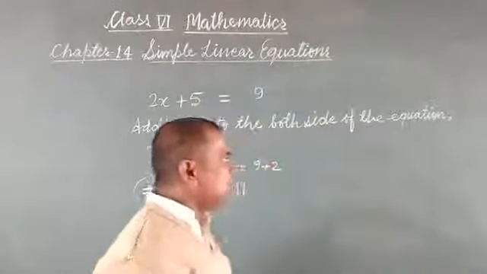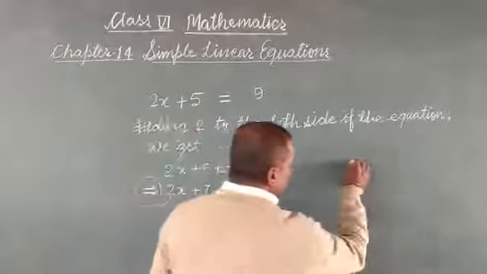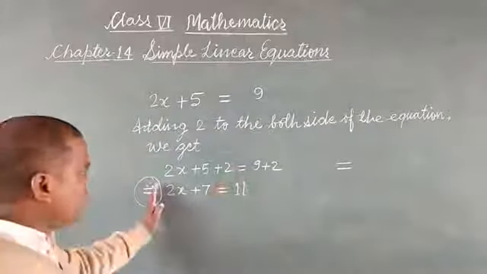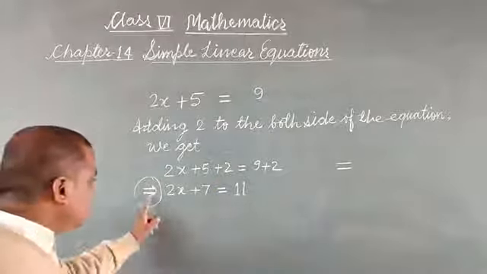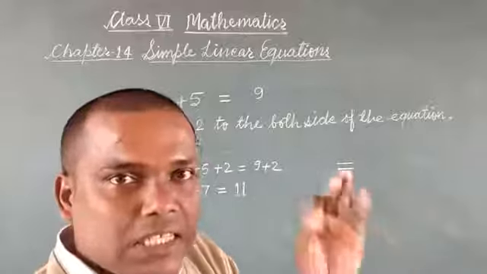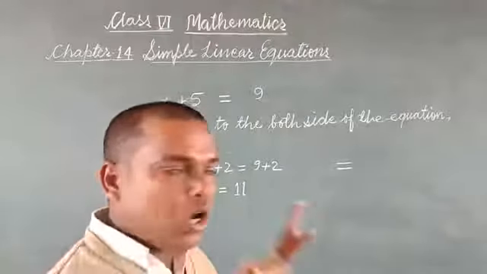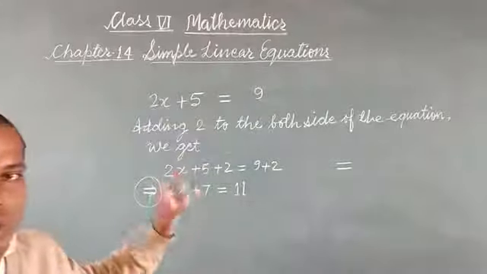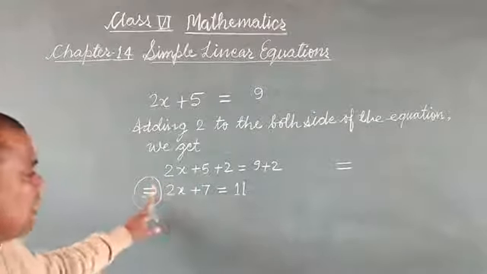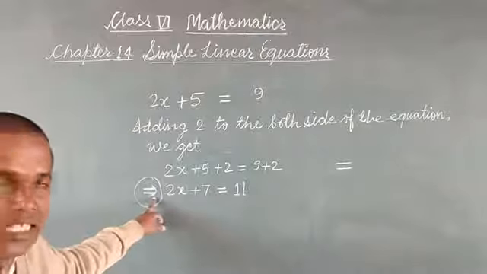In case of simplification, we should use only the sign of equality. Now we are going to solve an equation. There we will use this sign, and we read it "this implies that". So always remember, when we solve an equation, that time we use this symbol.